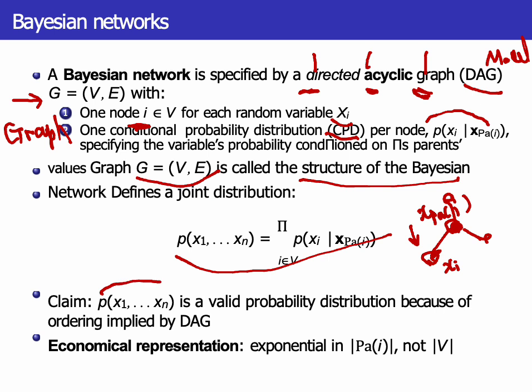Now P(x1 to xn) is a valid probability distribution because of the ordering implied by a DAG model.